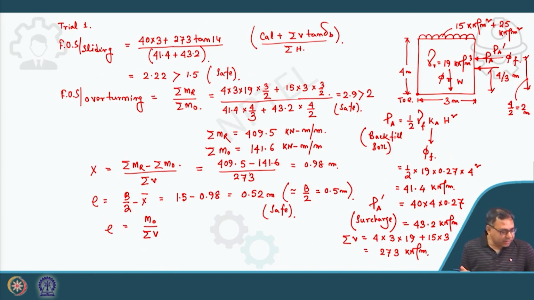Clear? So, now for the bearing calculation, here I will consider 4 into 3 into 19 plus 40 into 3. Okay. So, it will be 348 kilonewton per meter.